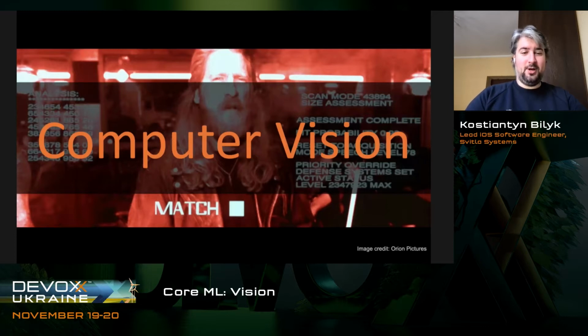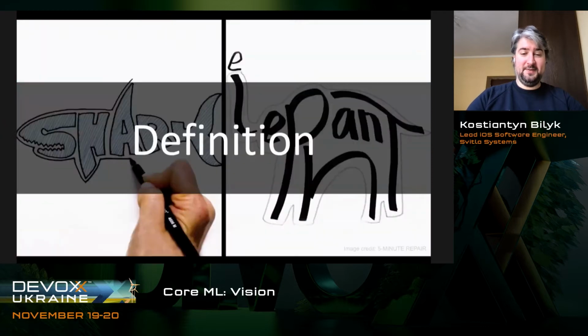Let's move forward to our topic, computer vision. Computer vision, by definition, is transforming visual information to the information itself. So it's extracting information from images. Basically, when you have a drawing of a shark, the computer cannot understand this is a shark by itself.